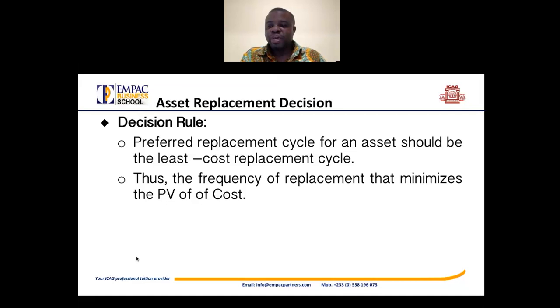There are two main methods which we will look at, but the decision is that at any point it will consider various options and choose the one that has the least cost of replacement. So that is the decision when it comes to asset replacement.